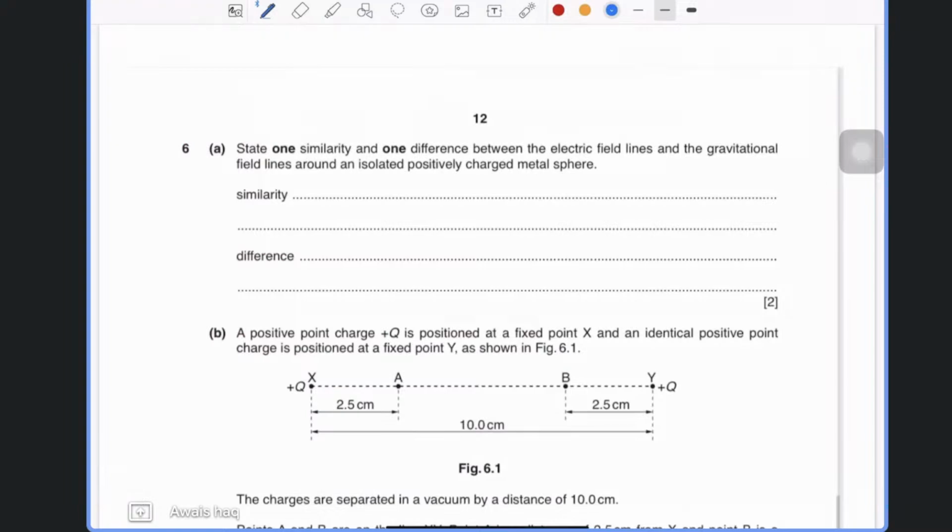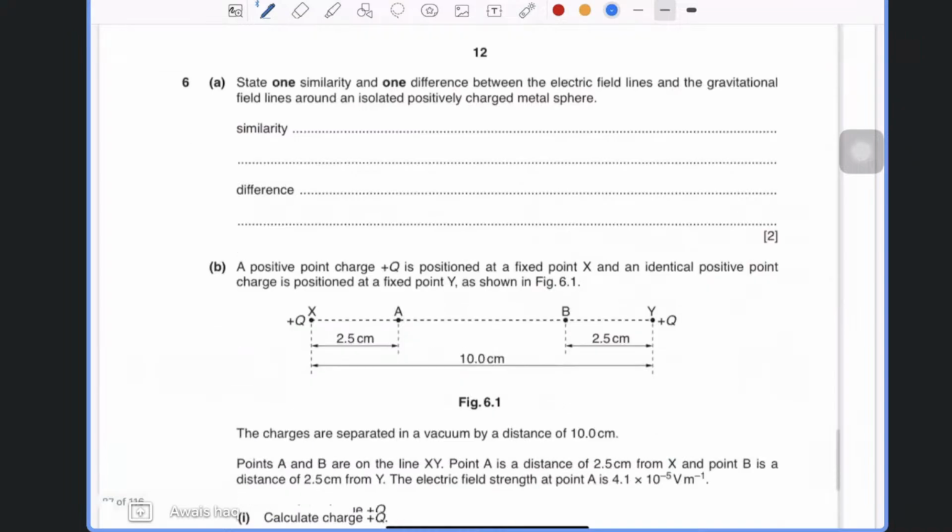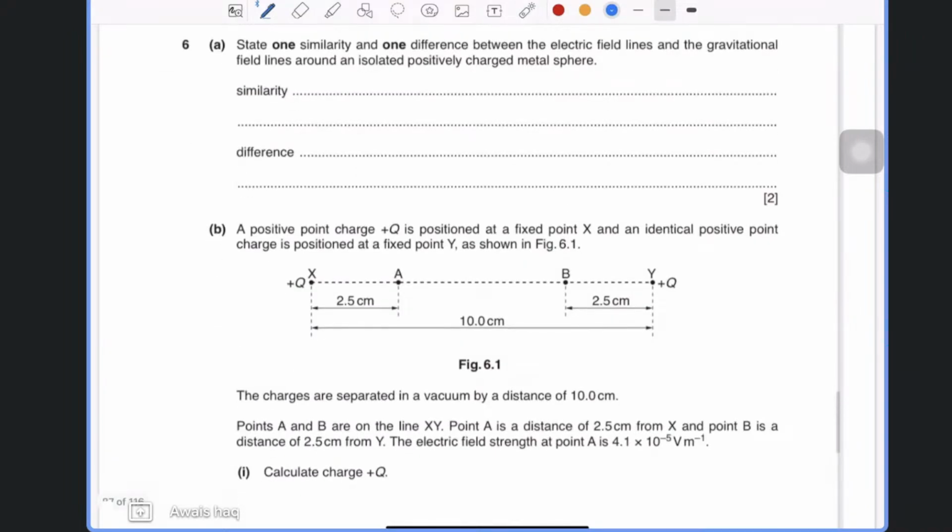So then it says state one similarity and one difference between electric field strength. Can you please tell me one similarity? There should be some similarity. They both follow inverse square law.